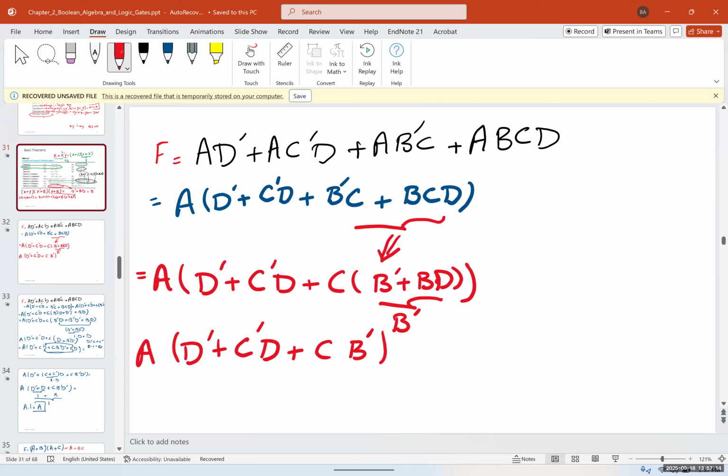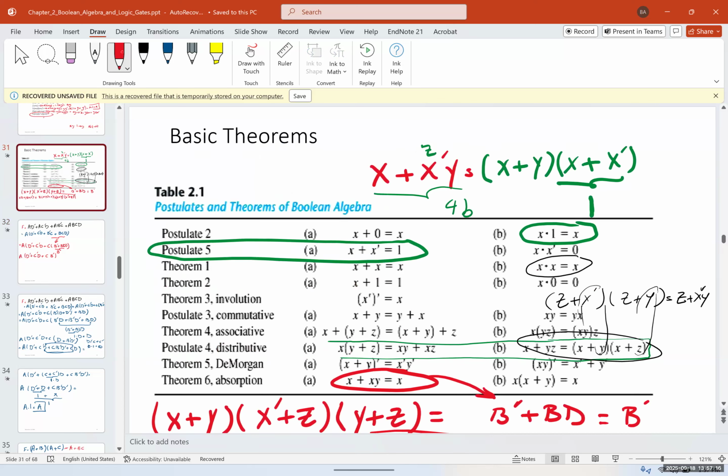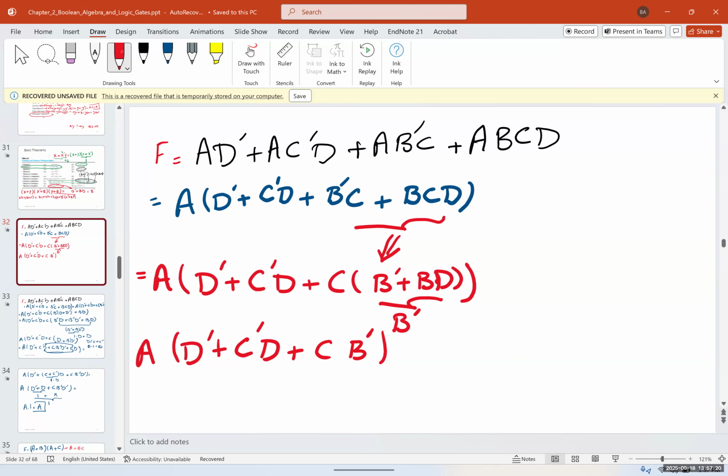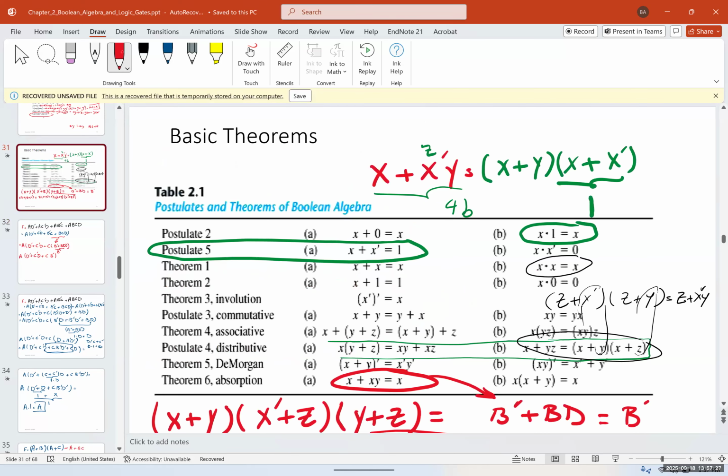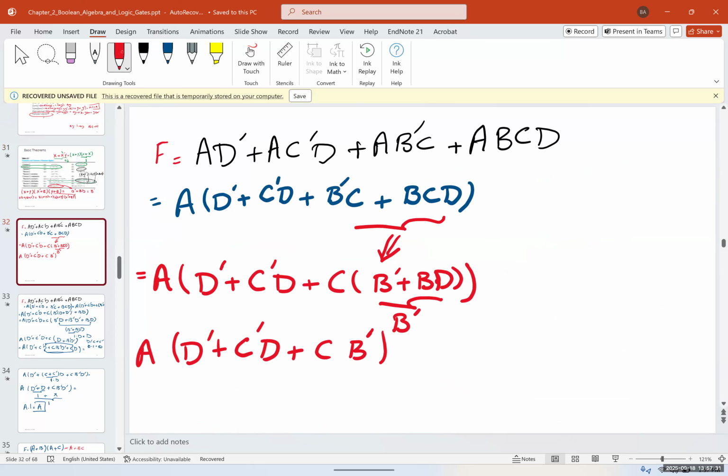Which postulate can I use again? D prime plus C prime D. What does this look like? D prime plus C prime D would look like what? D prime? Yes. What about D prime plus C B prime?